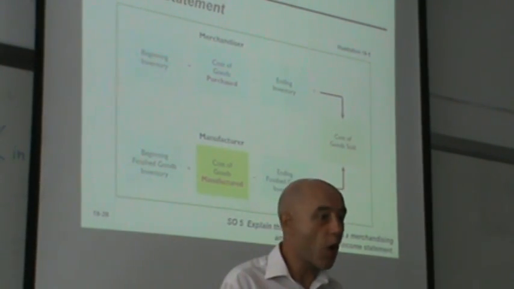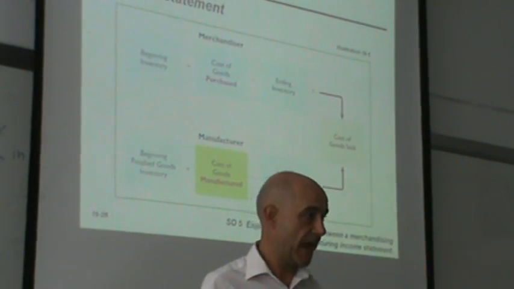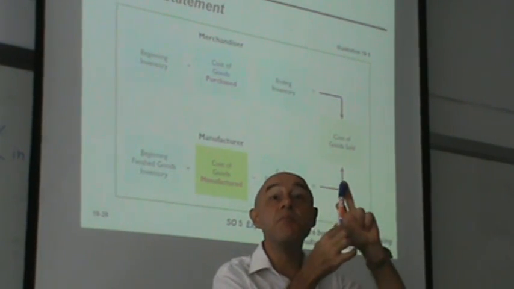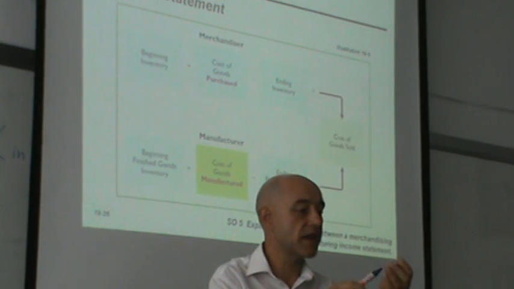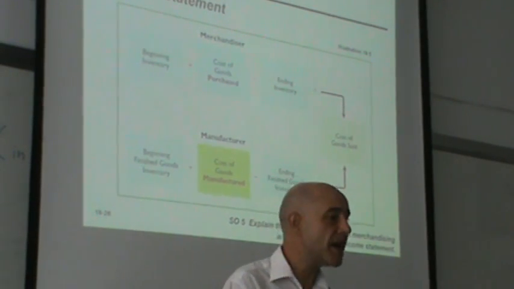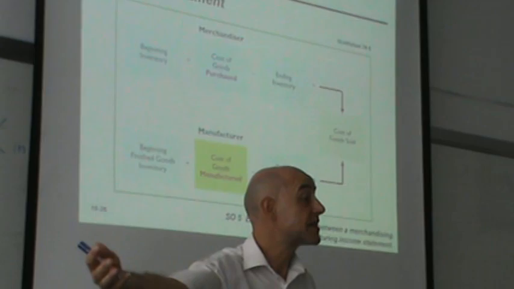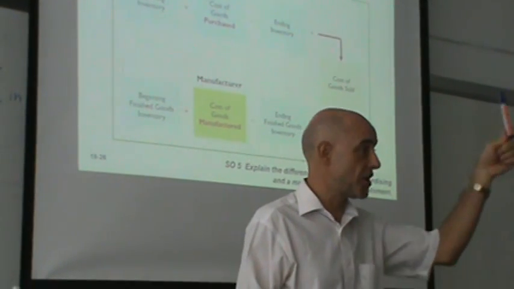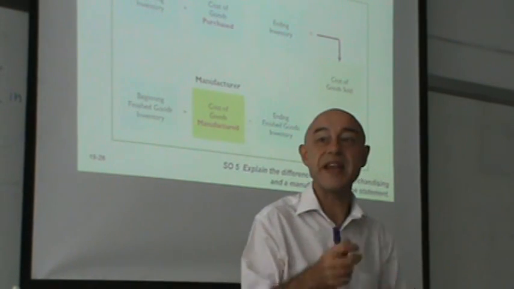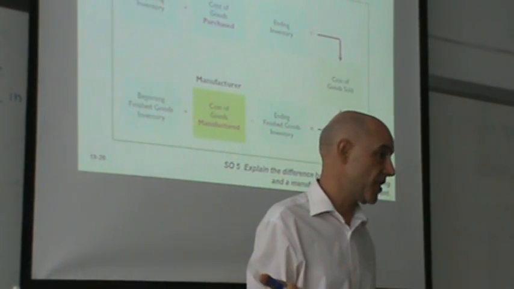How much it costs you to make the pen. So the manufacturer makes the pen. He uses plastic, he uses inks, he uses other things. The merchandiser just buys it and then sells it, okay? So the merchandiser is easier and the manufacturer is more complicated.